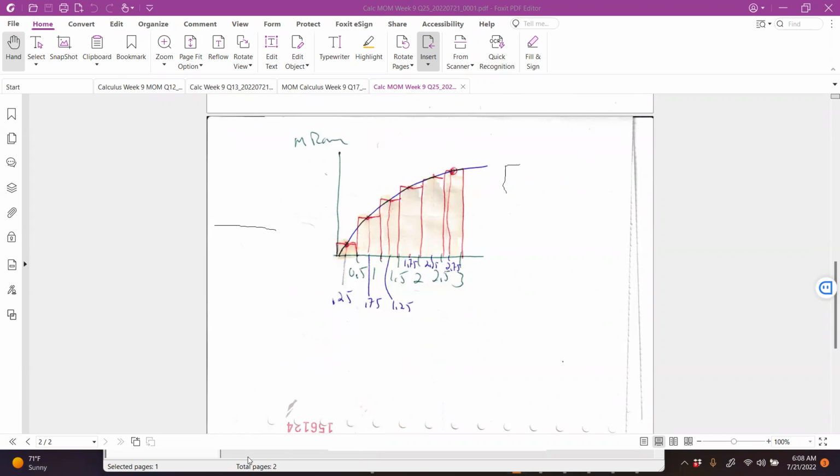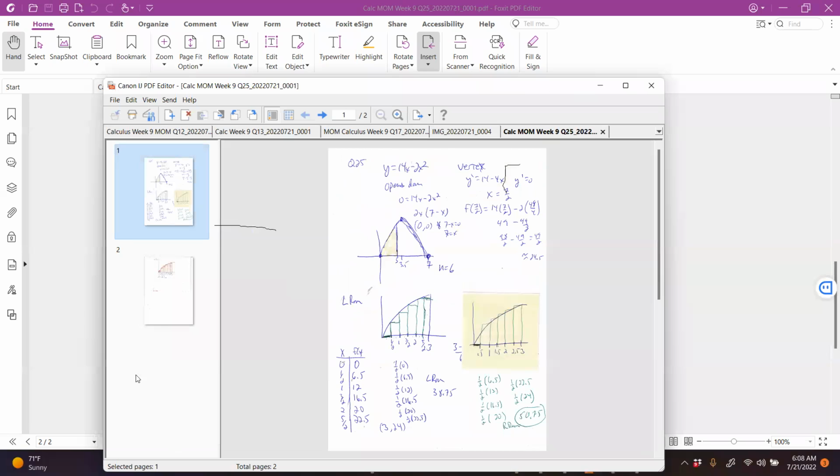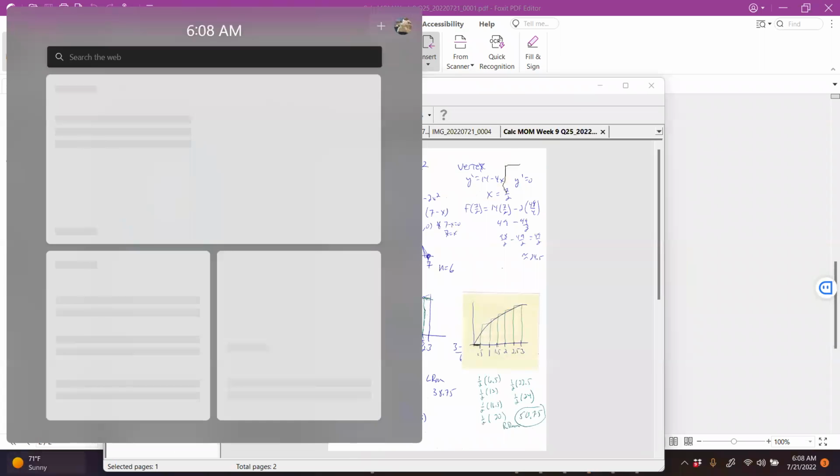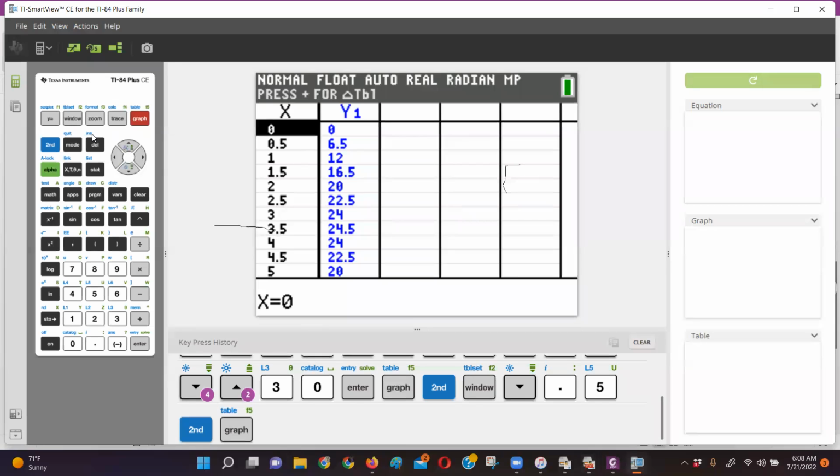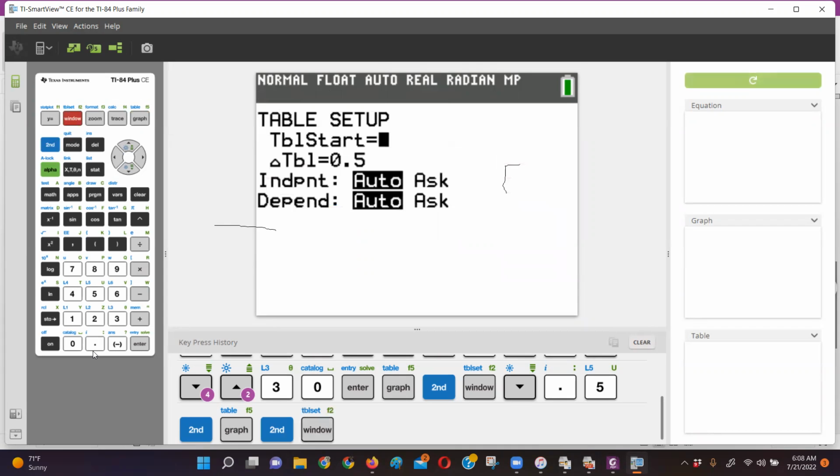So on my calculator, what you can do is go to table set, second table set, and I'm going to start it at, what was it, 0.25, and have it increment up 1/2 each time.